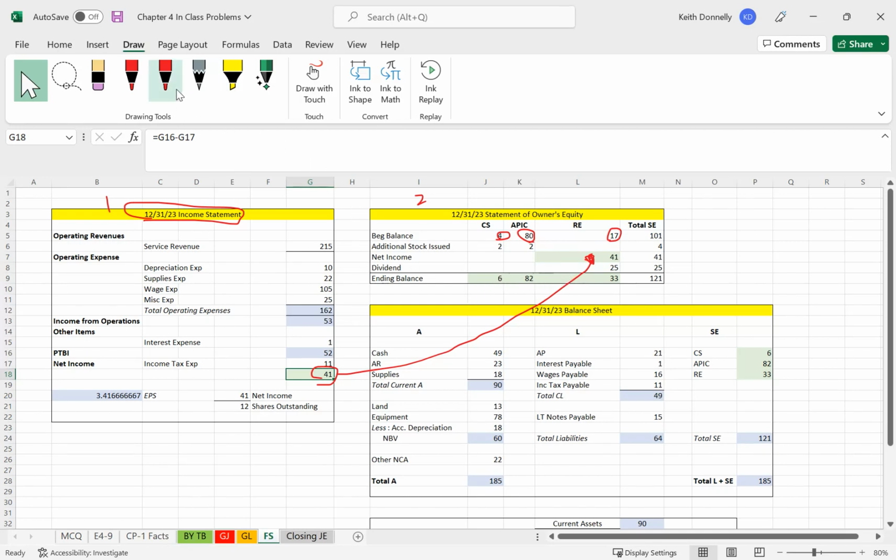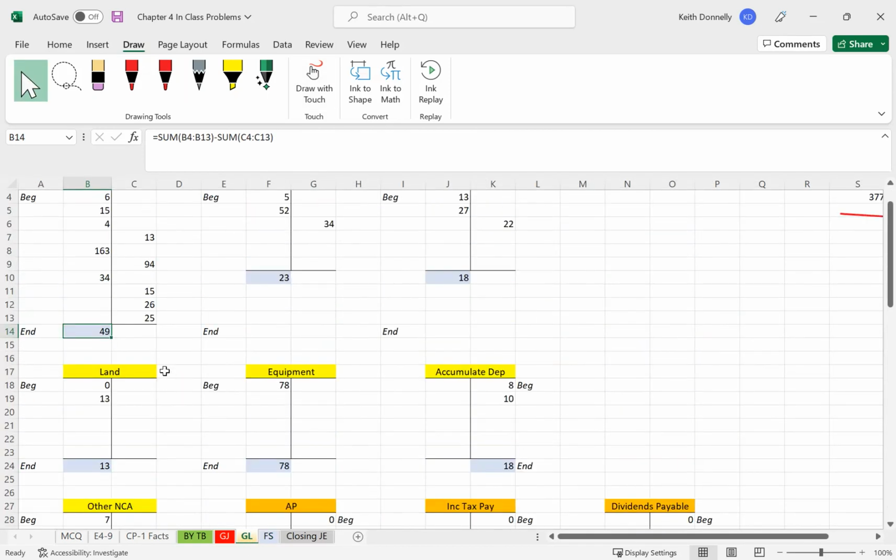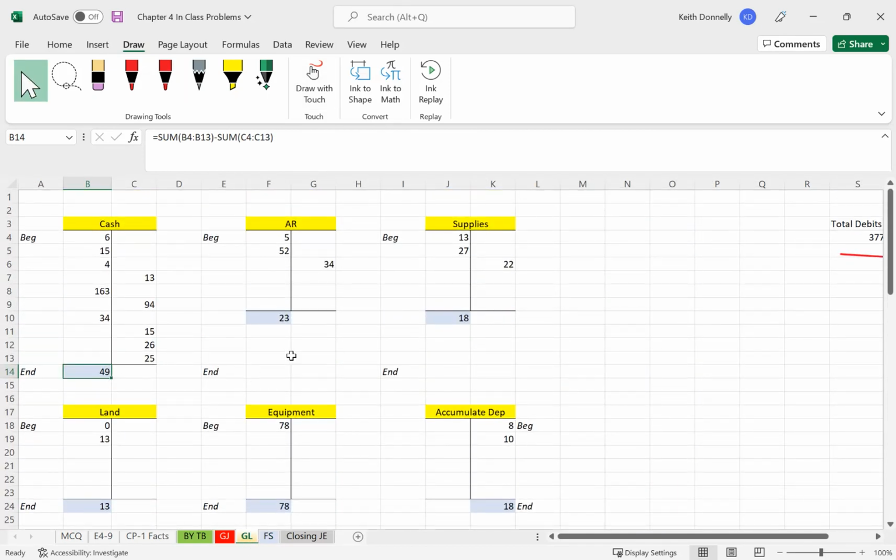You get your ending common stock, ending APIC, and ending retained earnings. These go down on the balance sheet. Then you do your balance sheet, and you can see these all tie out. Cash 49, 23, 18. We go up: 49, 23, 18.